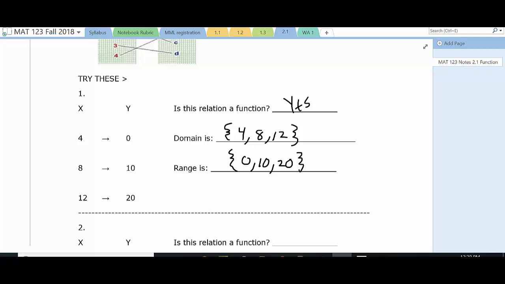What you always look for is the x going to two places or more. That's what you look for. Kim, one person. Good. Carl, one person. Lewis, one person. If you had Kim going to two people, then it's no. That's a function.